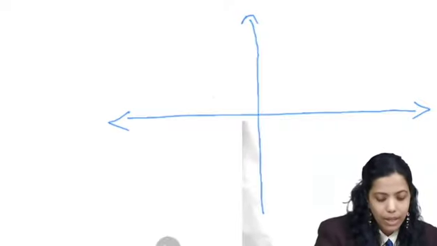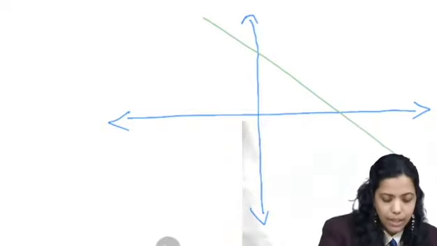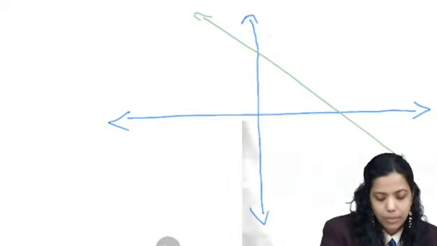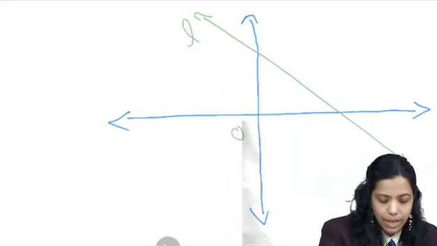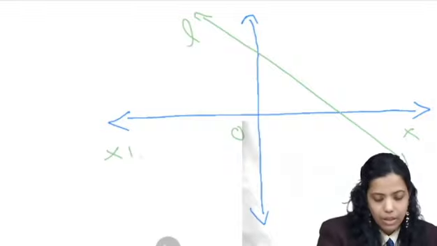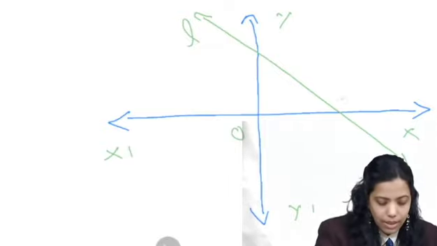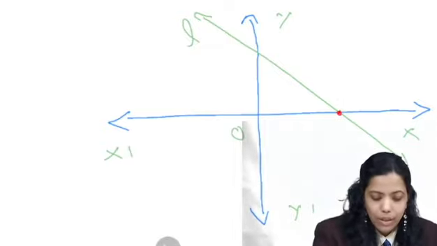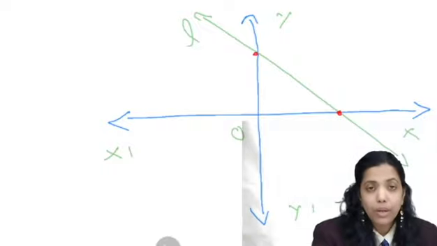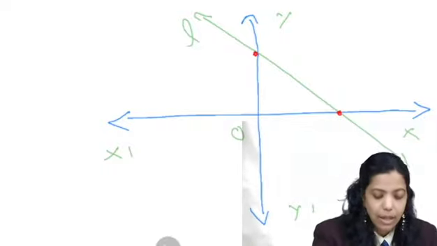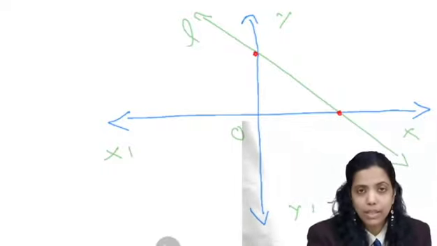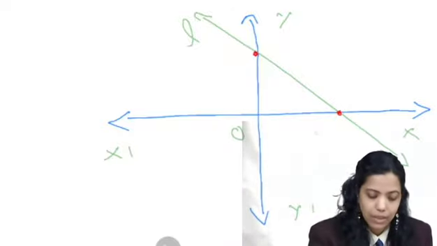If we draw a line on the Cartesian plane, definitely it will intersect at 2 points. So the line L is here, and here we can mark the axes. In this line, we know that here is the intersection point on the x-axis and on the y-axis. 2 intersection points are there on the axes.